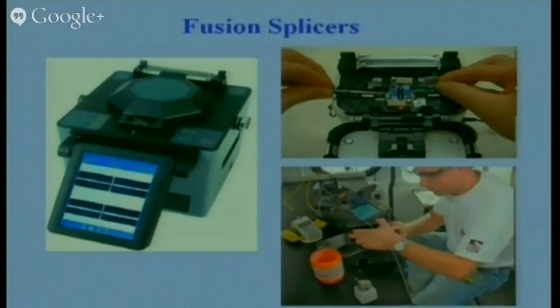This is a closed area, so you can have an open view. You have to cut the fiber with a cleaver and put one end of the fiber in this area, another end of the fiber in this area, and you will see these are the two electrodes. When the fibers are placed here, you have to cover it with a cap. In between these, there are the CCD cameras.